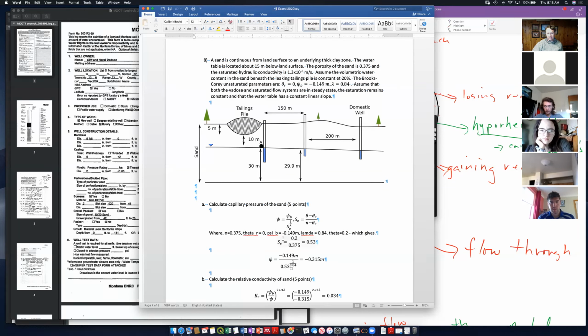You could get Se, and then you needed to solve the Brooks-Corey relationship for Se. You needed just to rearrange and solve for the capillary pressure. When you do that, you get a capillary pressure, or a pressure head, just beneath the tailings pile of negative 0.315 meters.